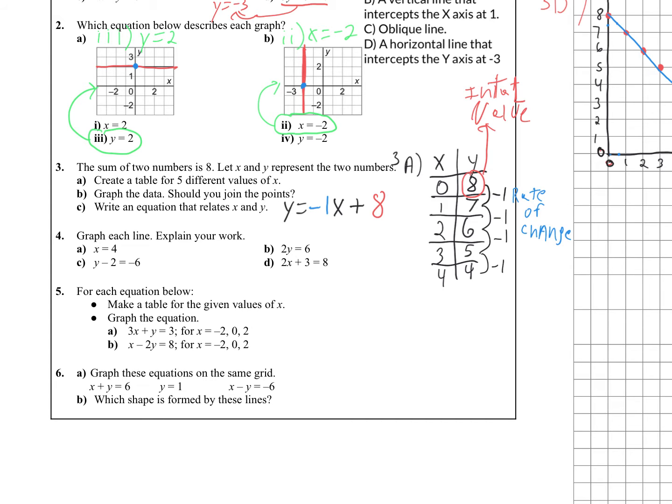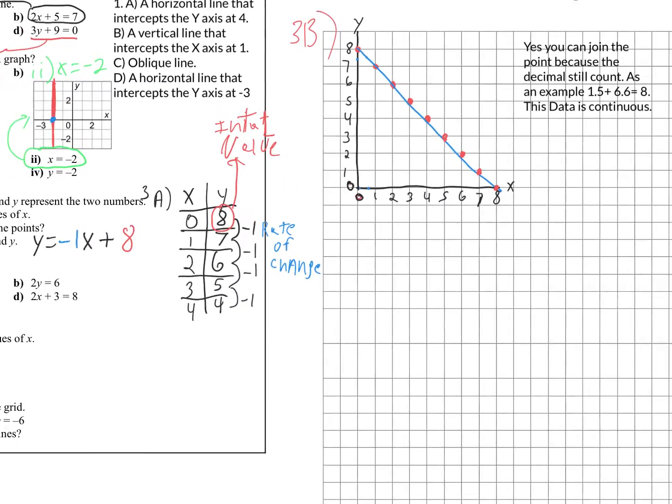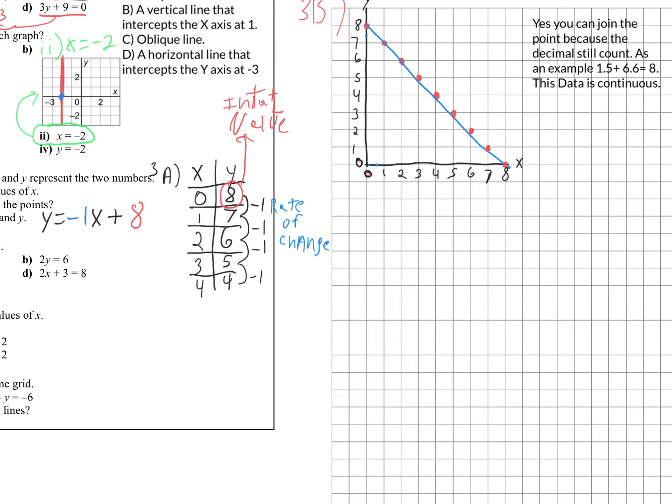And just to prove that that is correct, if we take the equation we just wrote, y equals -1x plus 8, and I pick a value for x at random, say 2, then I have -1 times 2 plus 8, which gives me -2 plus 8, which equals 6.